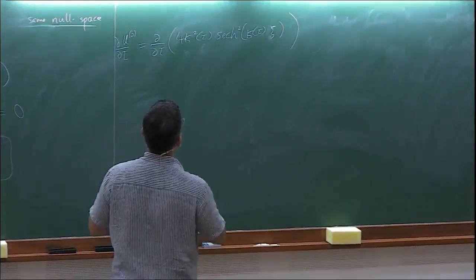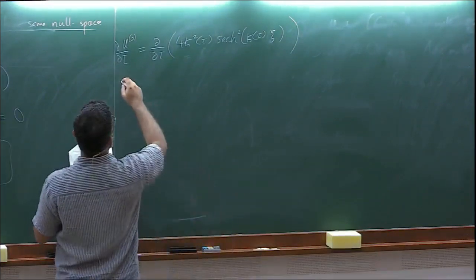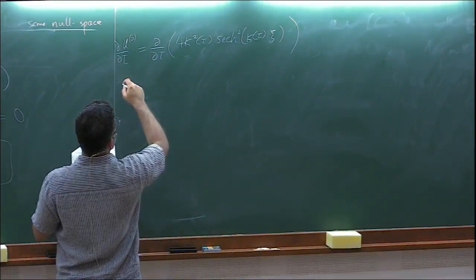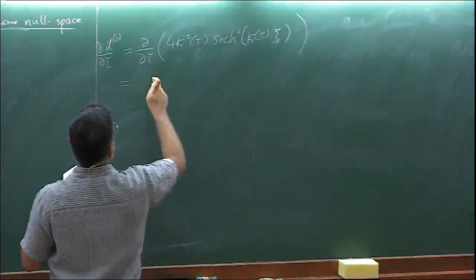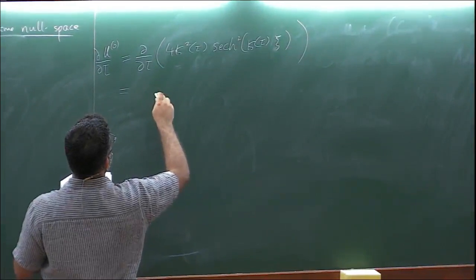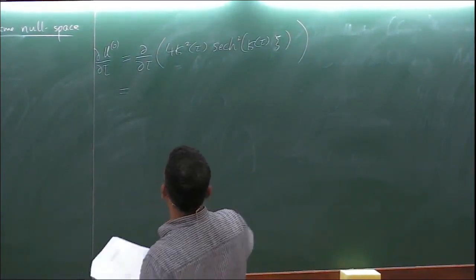All right, so one thing I can do is write this the following way. If I take a tau derivative, sorry, is that 4 kappa squared? Yeah, no, that's 2 kappa squared.